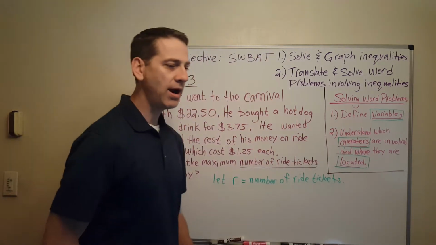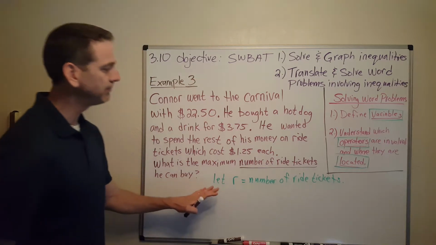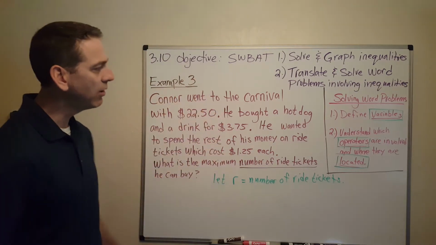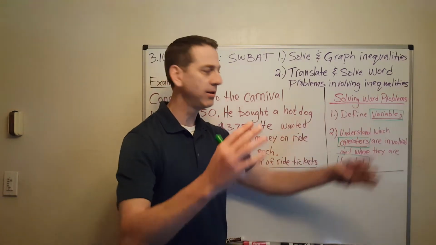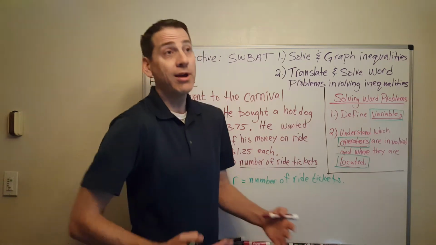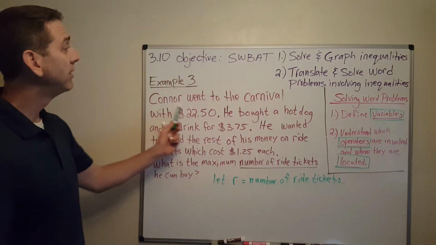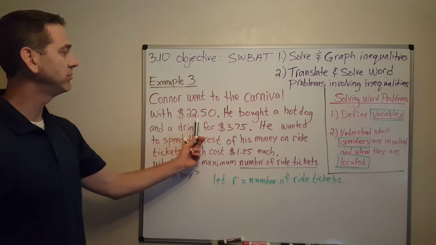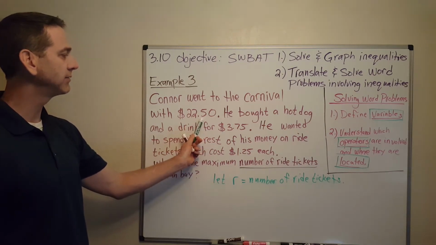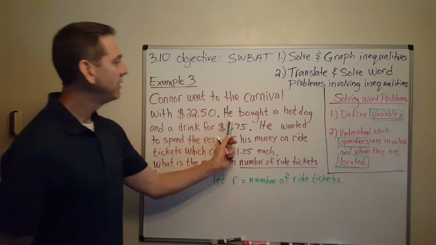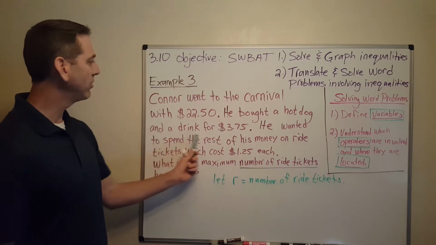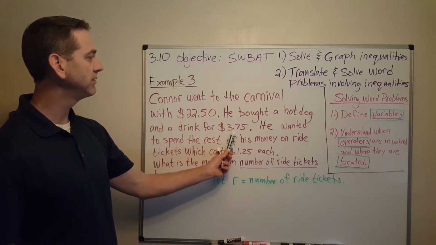Now I can figure out where my operators are located and what they are. Connor went to the carnival. That's the total amount of money he has. He bought a hot dog and a drink for $3.75.